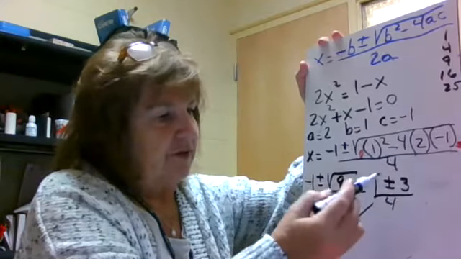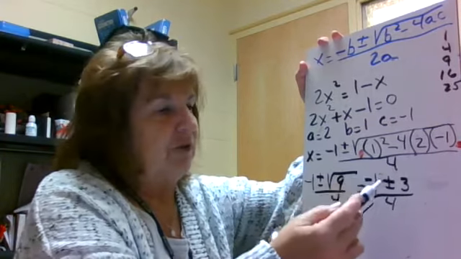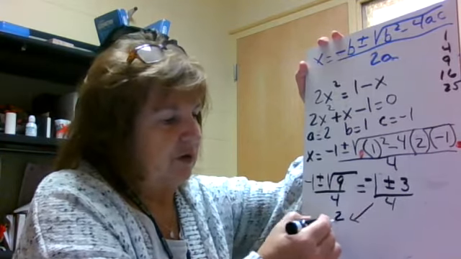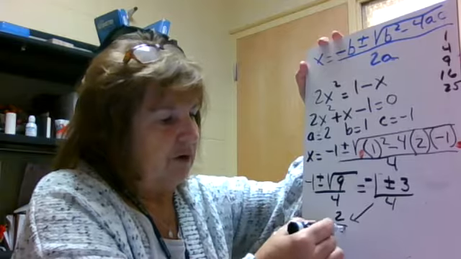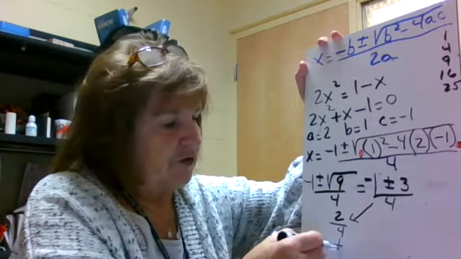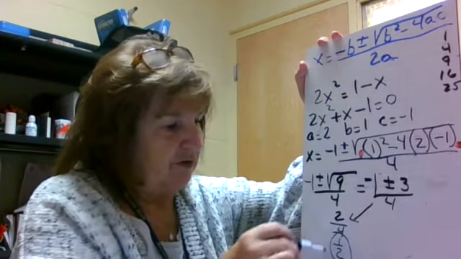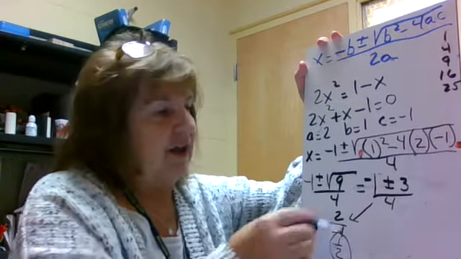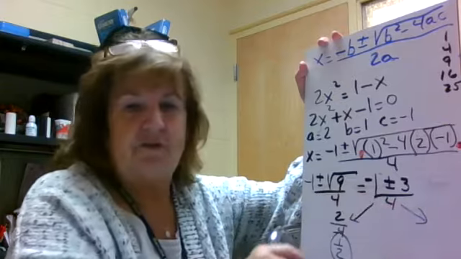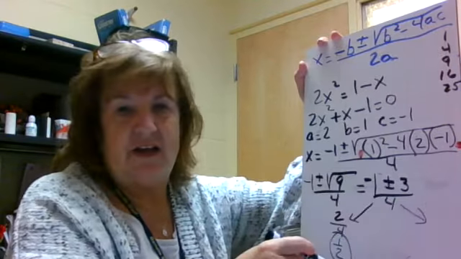The first answer is negative 1 plus 3. Well, negative 1 plus 3 is 2 all over 4. Well, 2 over 4 reduces to 1/2. That's one answer. The other answer is when we use the subtract sign. Negative 1 minus 3.